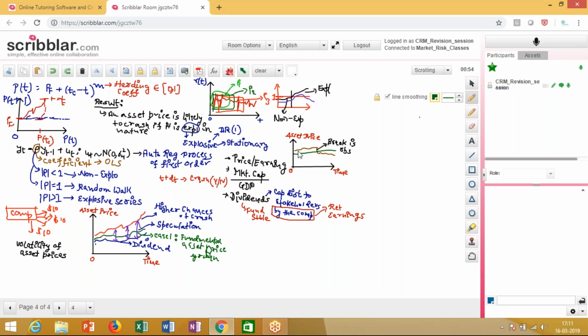Now I see that this particular part is moving something like this. So what I see is that this is growing, going up and up.